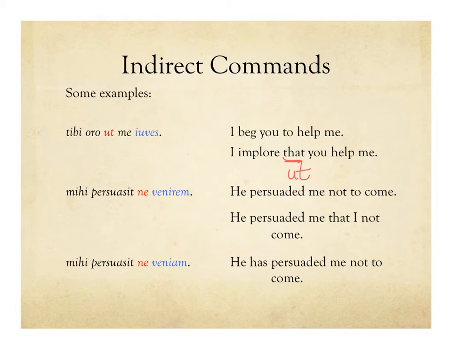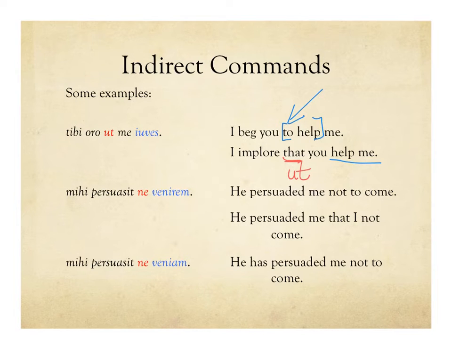So you can see, in English, we tend to translate these kinds of phrases with an infinitive, right? To help. But just as with purpose clauses, Latin likes to have this ut or ne construction and then a verb in the subjunctive. So I beg you to help me. I implore that you help me.